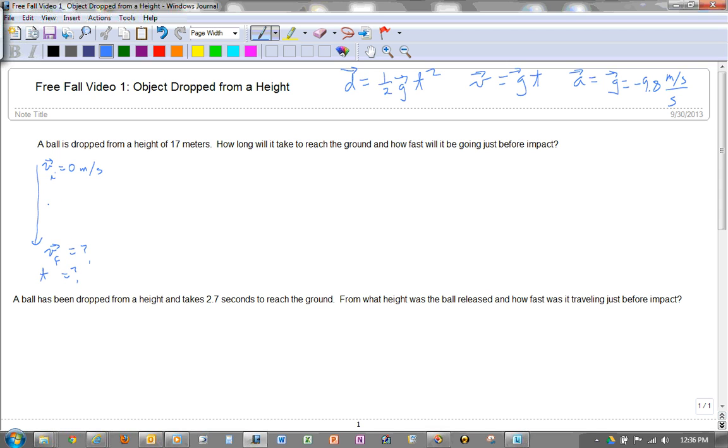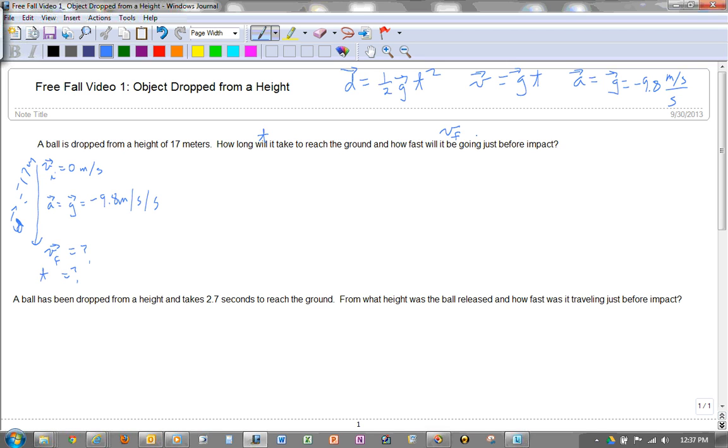But I do know that the acceleration is equal to g, which is negative 9.8 meters per second squared, and I know that my displacement, since it's down, is going to be a negative displacement of negative 17 meters. And I want to know how long it takes, in other words t, and how fast it's going just before impact, that is, the final velocity.